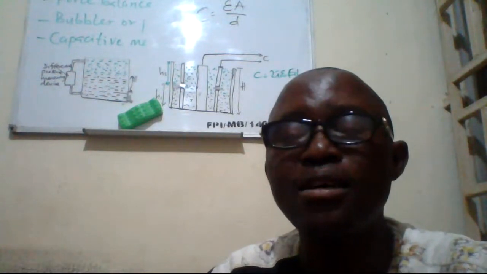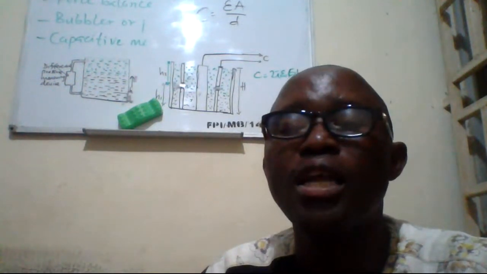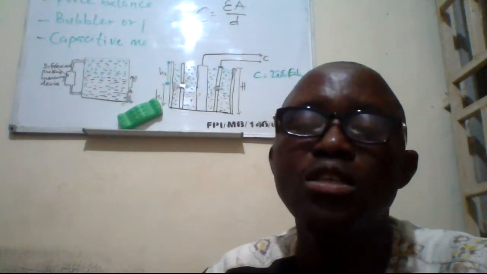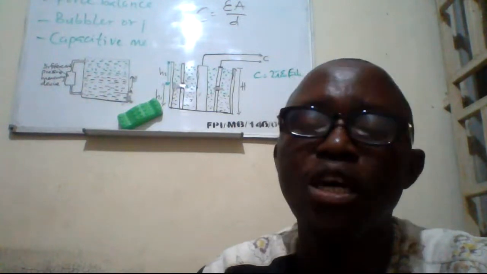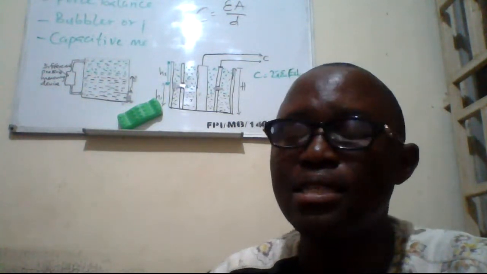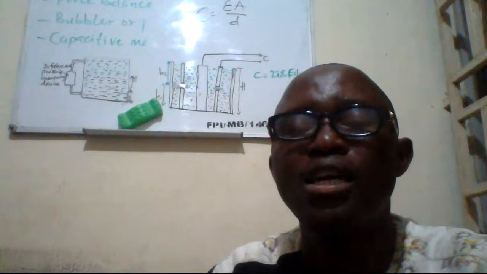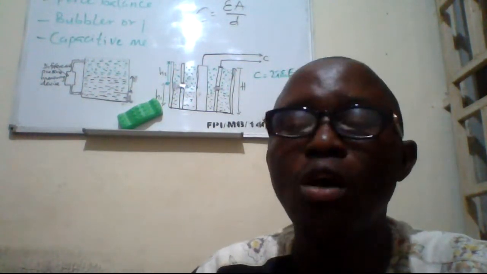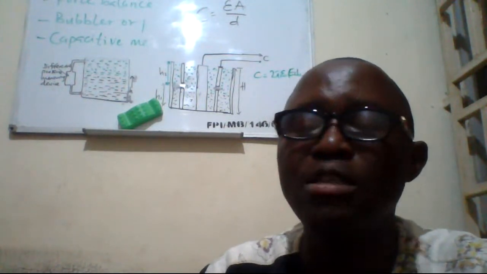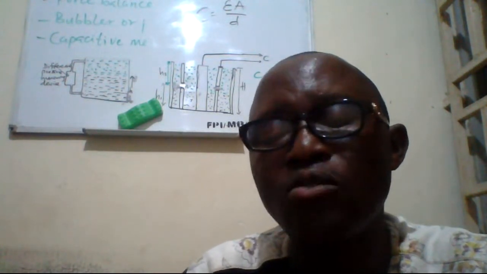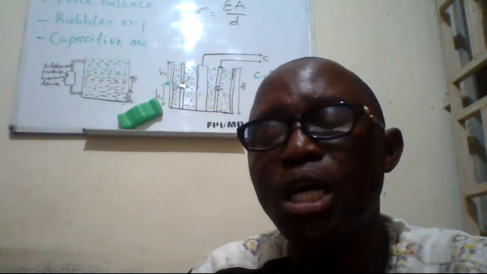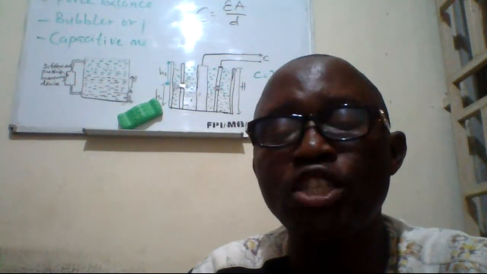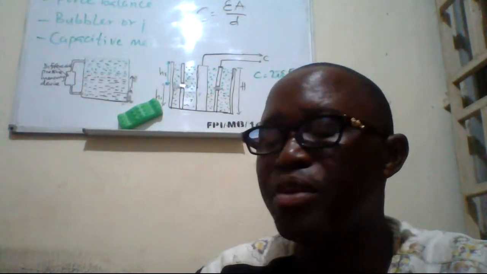Since the density of the liquid is known, and there's a relationship between density and volume, and volume is related to the height of the liquid, volume is the base area multiplied by the height. So the value of the differential pressure measured will be used to determine the height of the liquid in the tank. The sensor used is a differential pressure pickup.